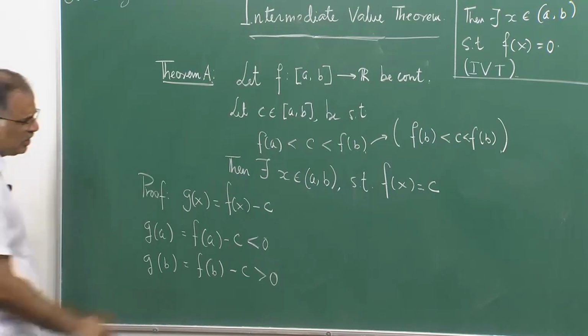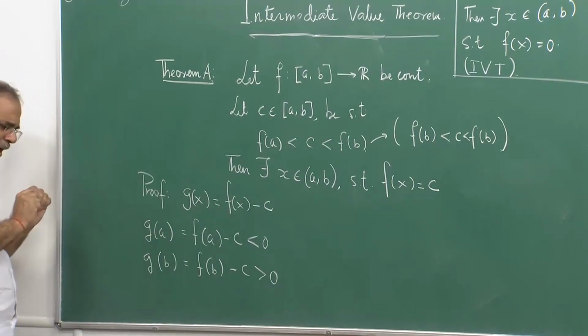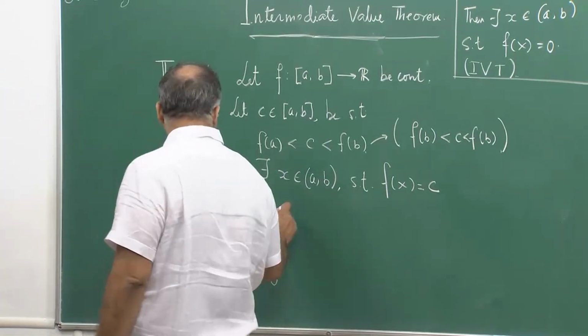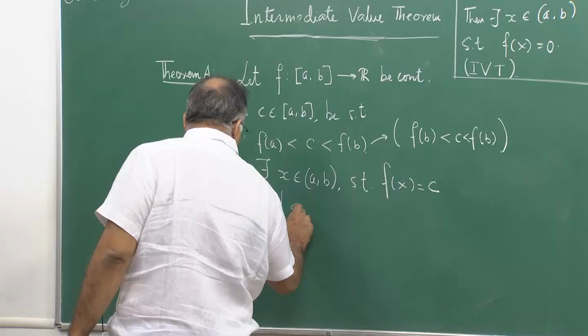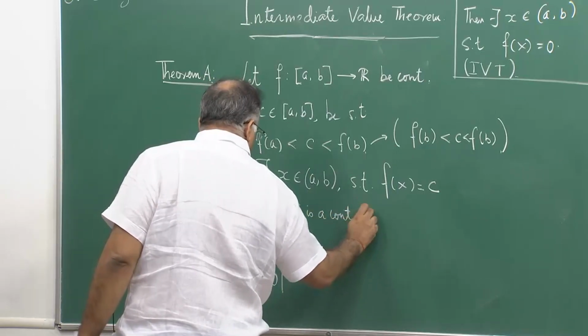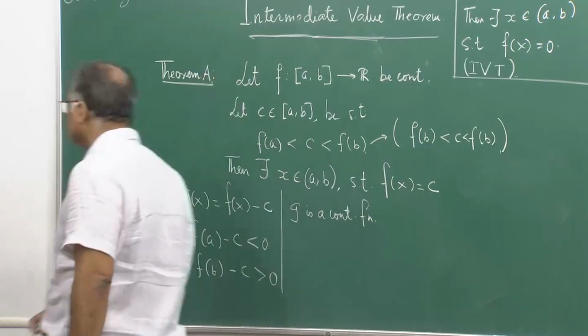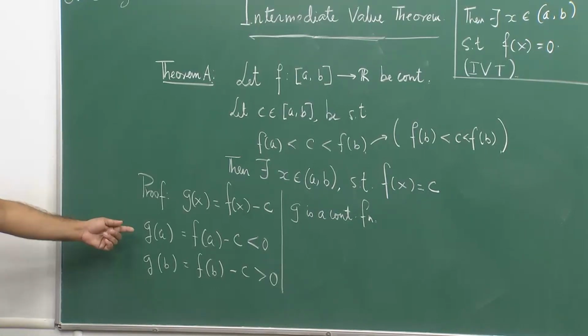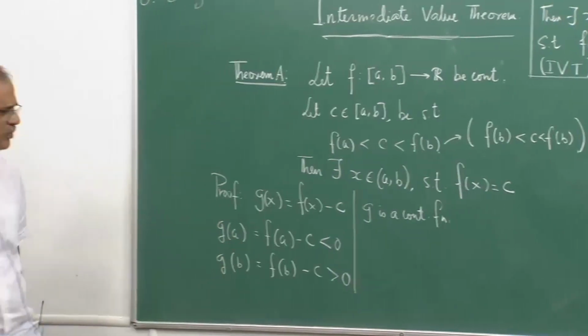But because f is a continuous function, if you add a constant to a continuous function, it remains continuous. So, the first observation is that g is a continuous function. Now, what is the product of g(a) and g(b)? Their product is strictly less than 0, because g(a) is negative and g(b) is positive.